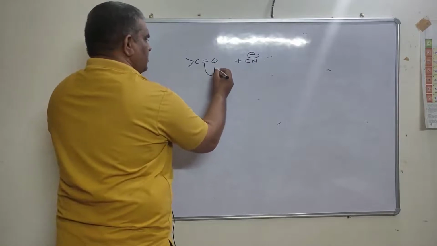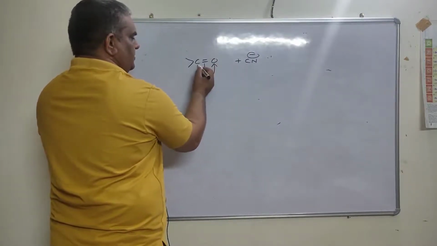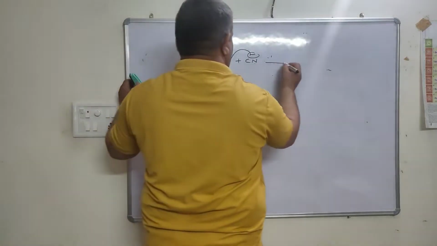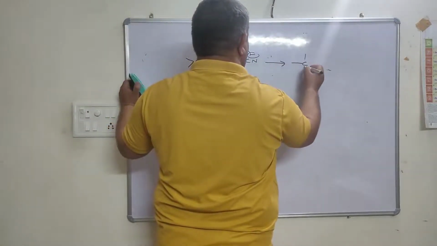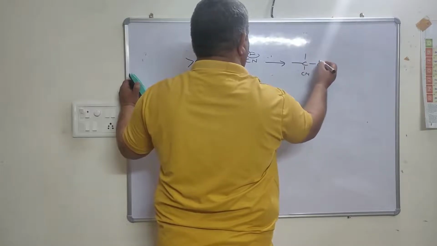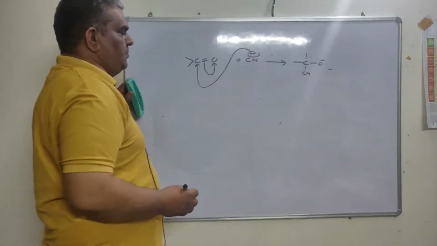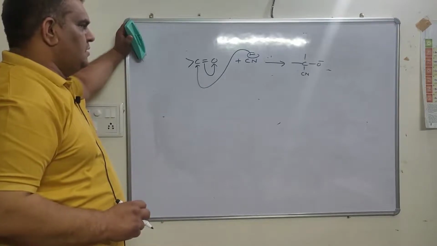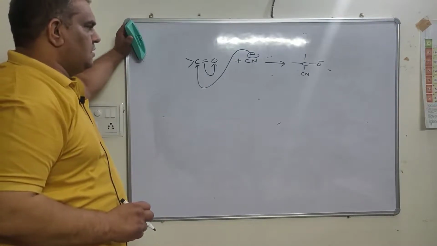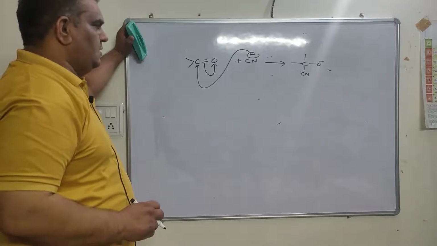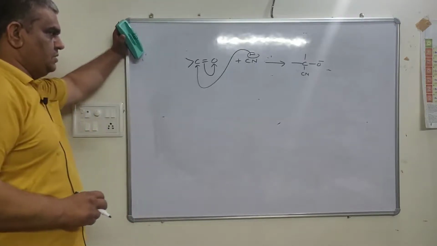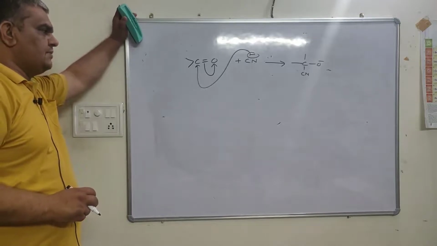Pi electrons shift toward oxygen, this acquires negative charge, this acquires positive charge, and the cyanide attacks here, forming the product with CN and oxygen. The minus E effect occurs when the nucleophile attacks the multiple bonds. This is about the electromeric effect.